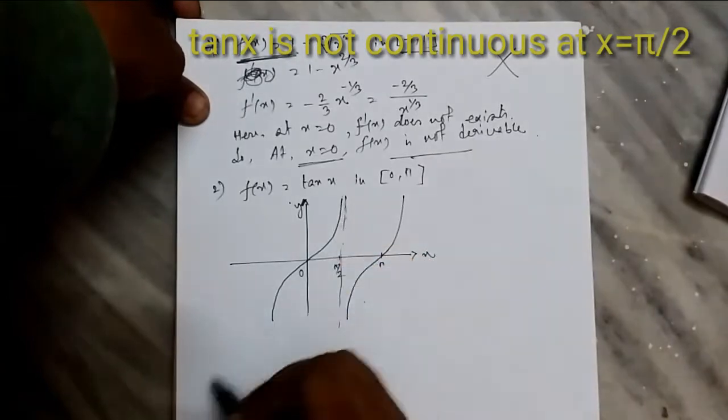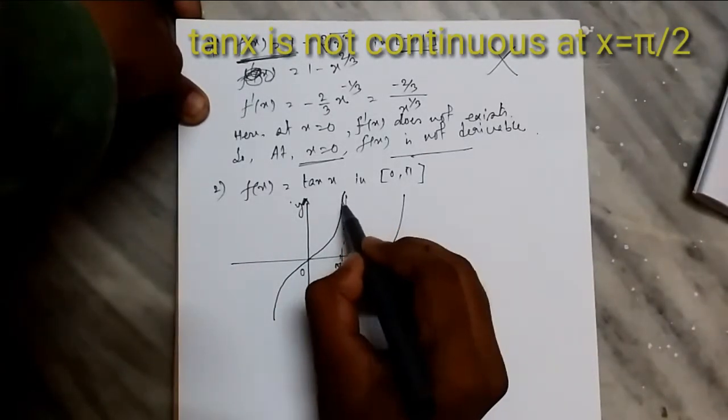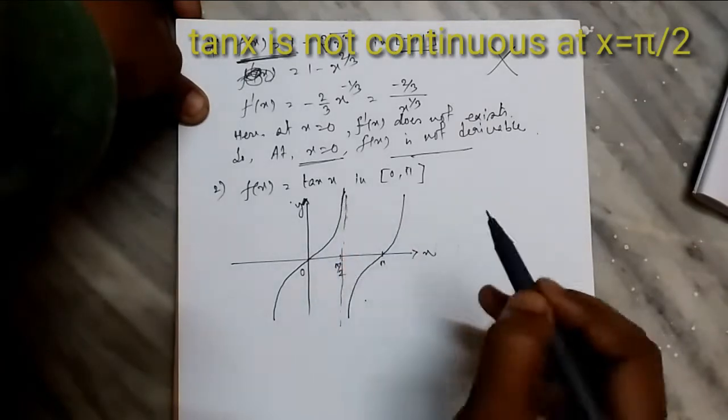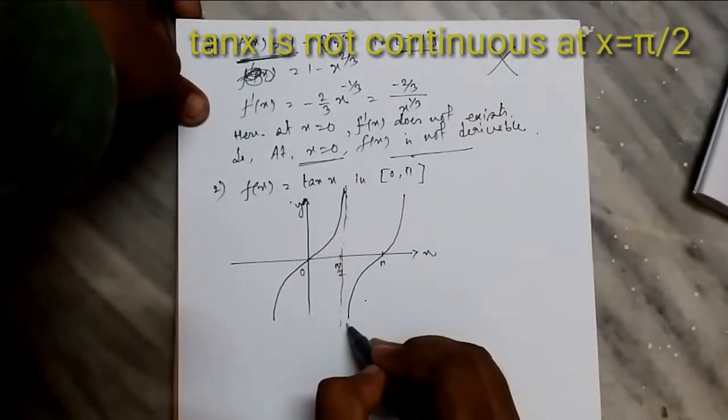This is the tan x curve in the interval 0 to pi. We know from the definition of a continuous curve that if we can draw a curve without lifting the pen, that curve is continuous.